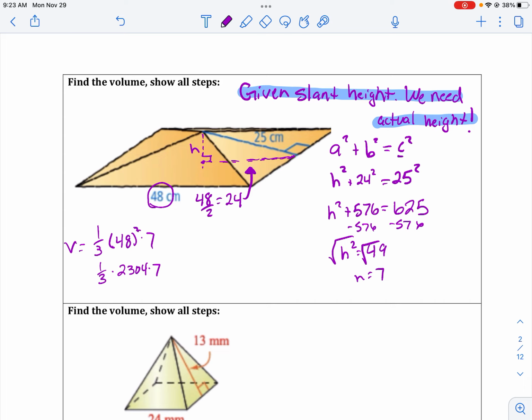And then I get 1/3 times 16,128. Take that number, divide it by 3, and my volume equals 5,376 centimeters cubed. You can get some very big numbers with volume.